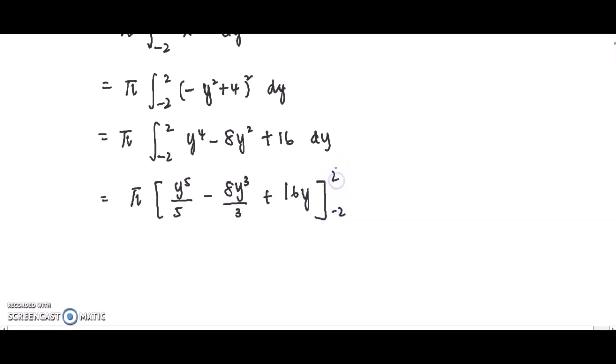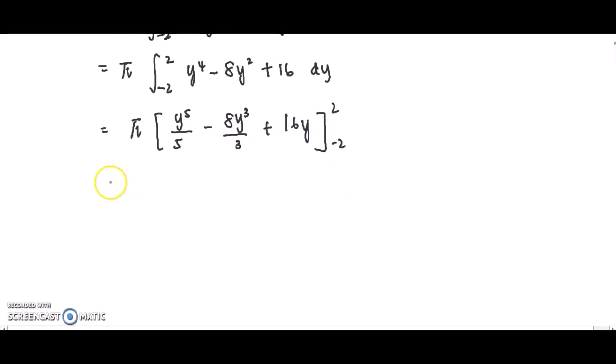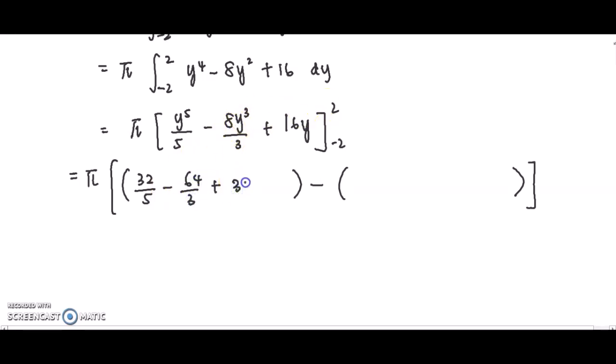And then get prepared to substitute the upper limit and the lower limit. Final answer, don't forget to multiply by pi. So I'll get prepared a big bracket to insert my substitution of the upper limit and the lower limit. So the upper limit, when you put in the 2 inside, you got 32 over 5 minus 64 over 3 plus 32.